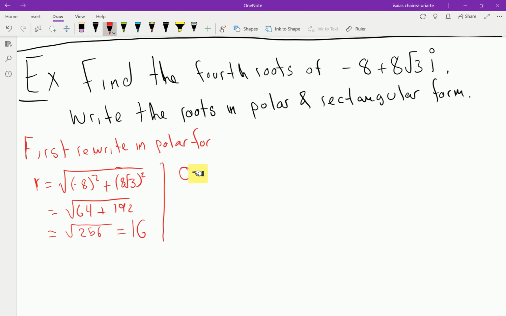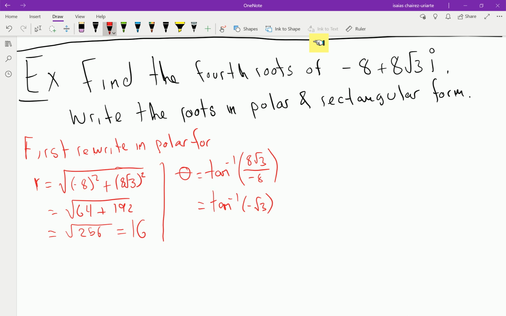Now let me figure out theta. Tangent inverse of b over a, so that becomes tangent inverse of negative square root of 3. Now, what's tangent inverse of negative square root of 3? You're looking for an angle in quadrant 1 or quadrant 4 for which tangent is -√3.